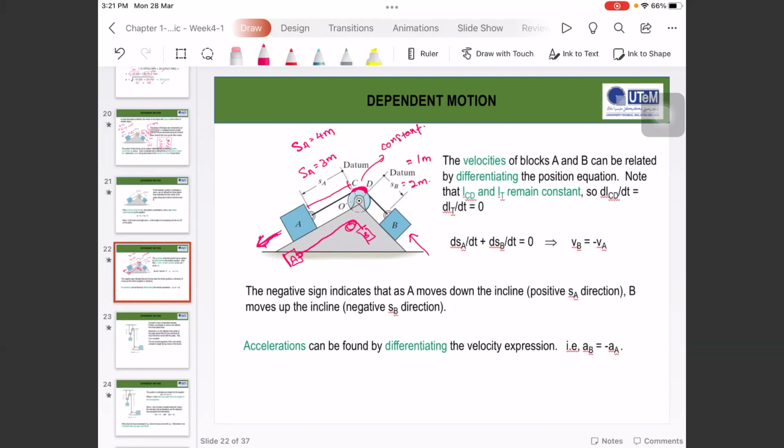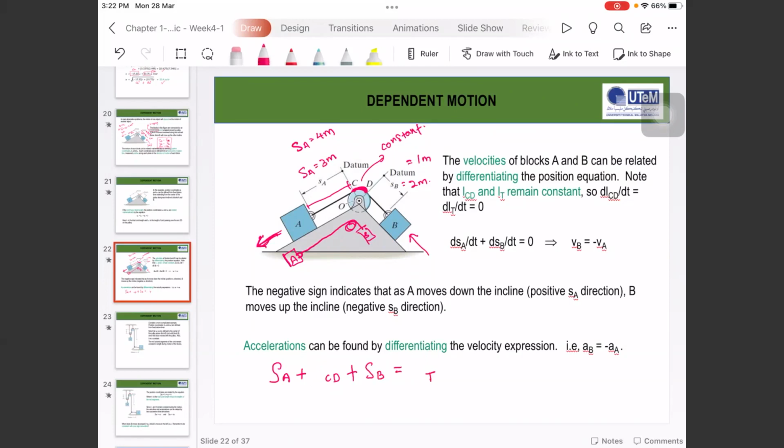Okay, so untuk case ni we can say SA plus katakan panjang ni L_CD, plus SB, is equal to the total length of the rope, L total. Sebut L lah.